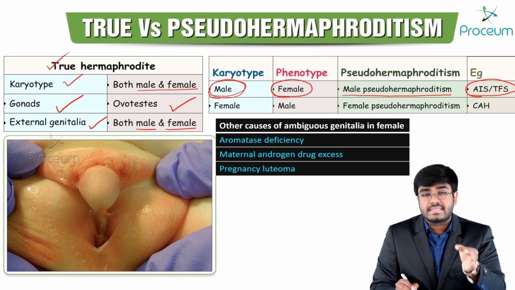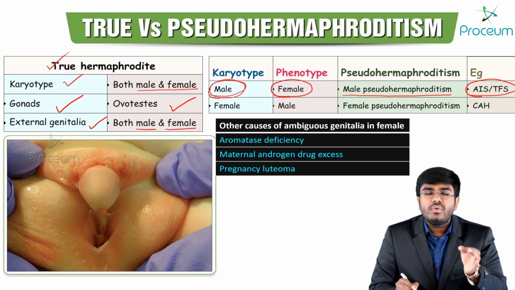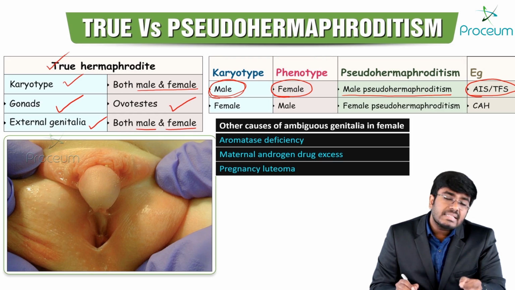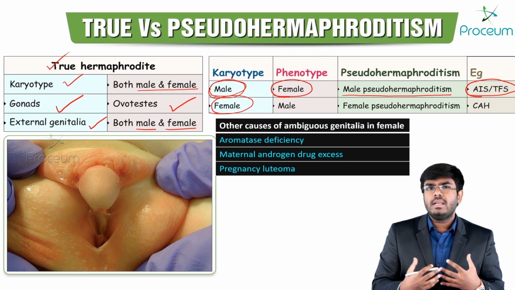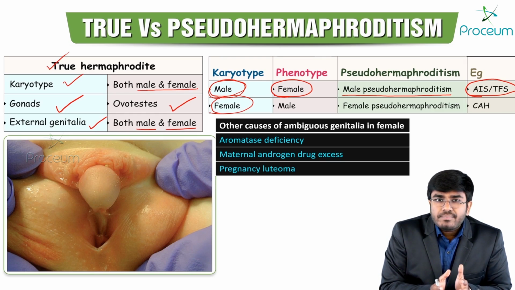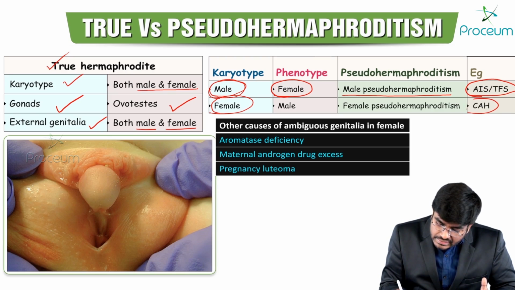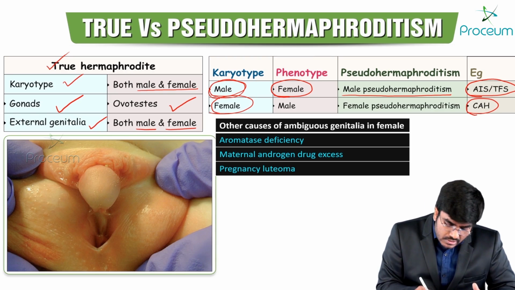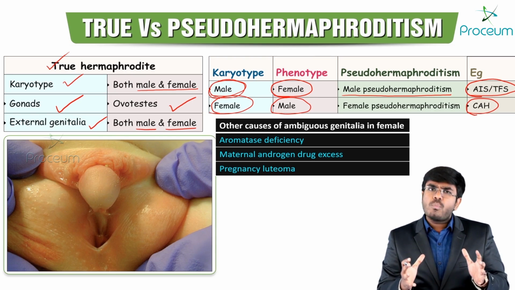It is AIS. And what does female pseudo hermaphroditism mean? Female pseudo hermaphroditism means a karyotypic female, which means absolutely a female, who looks like a male. Are you able to recall that condition, which is known as congenital adrenal hyperplasia? So if a female looks like a male, it's not a combination of both male and female.